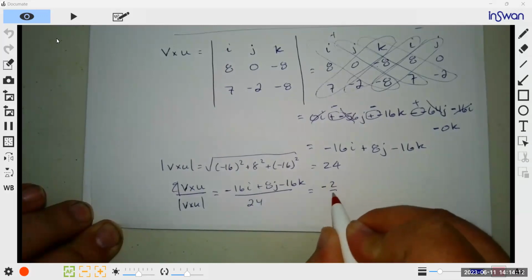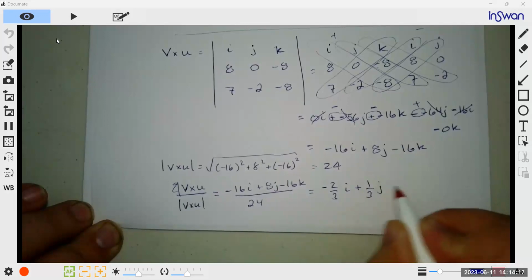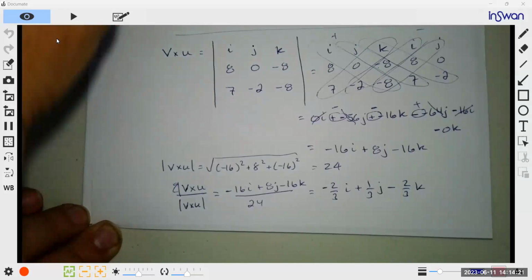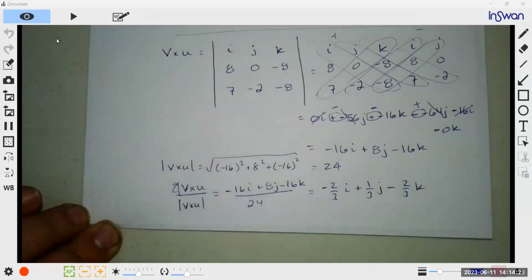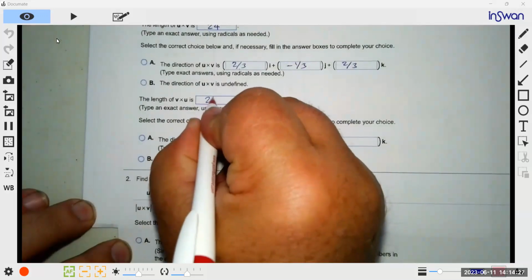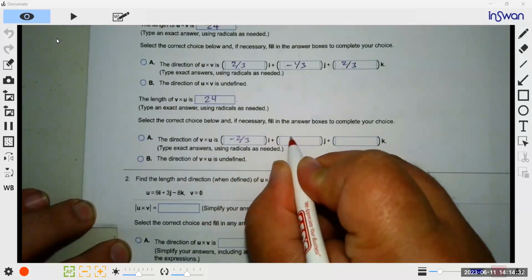It's negative 2/3 i, positive 1/3 j, negative 2/3 k. So this is also 24, and it's just the negatives because we switched them.